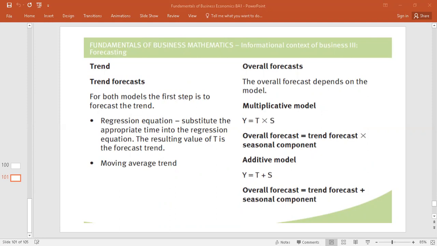Trend. Using the multiplicative model for the seasonal adjustment, seasonal factor is 0.97.